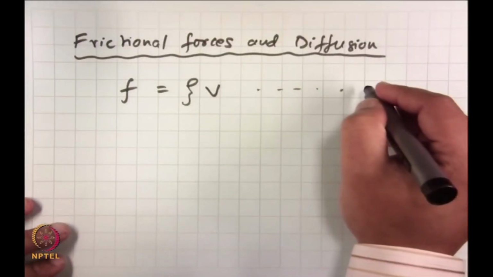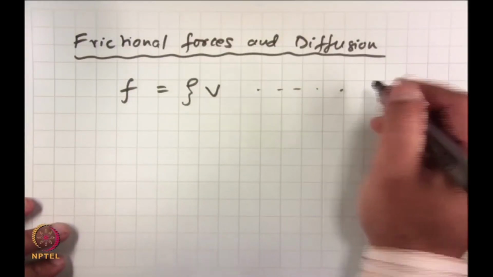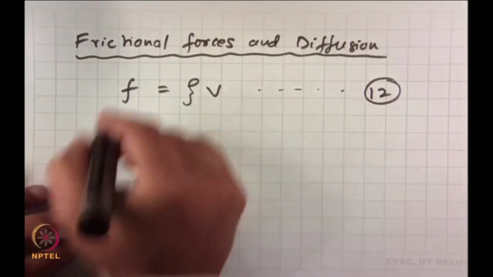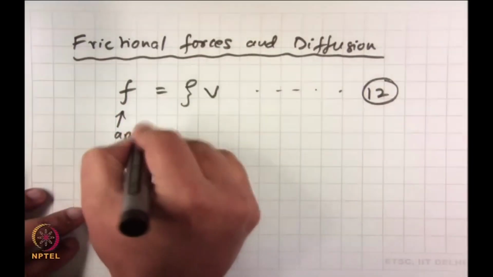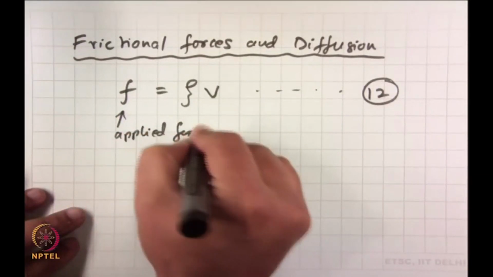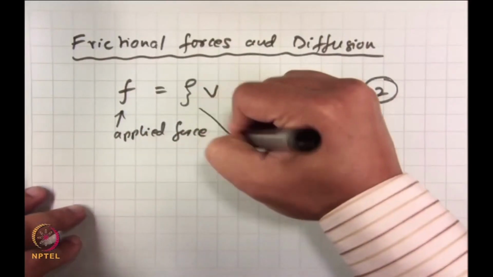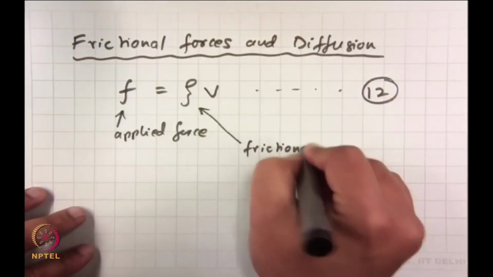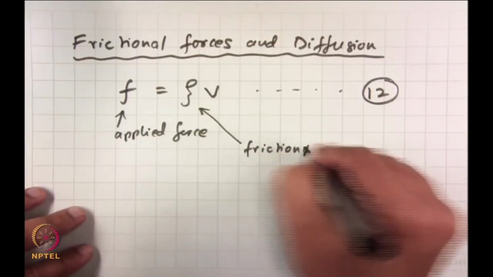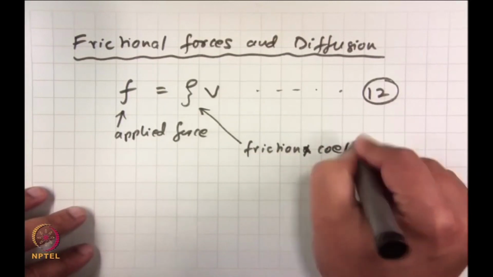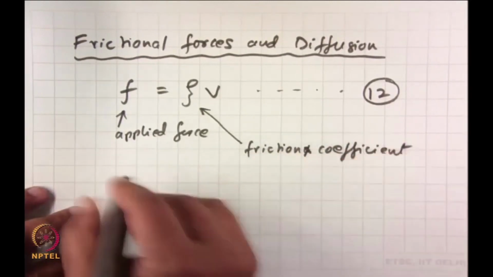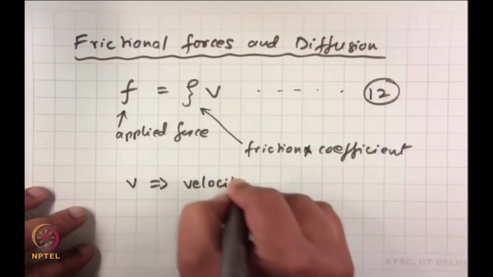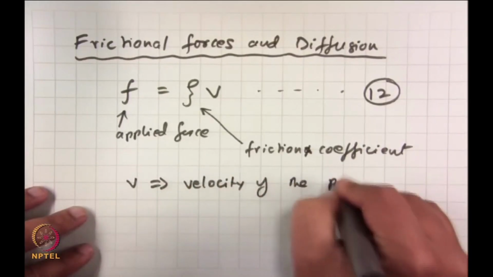What was the last equation number? Was it 11 last day? So, let us use this as 12. So, this is the applied force, F equals xi times v. This xi is called the friction coefficient or coefficient of friction, and v, what do you think v is? Velocity, right. So, velocity of the particle.